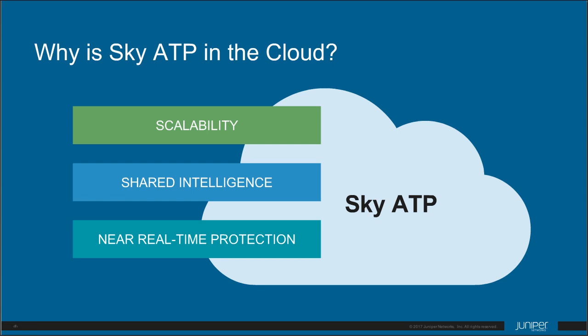What we achieve in that way is near real-time protection. So in a few seconds or minutes, all the customers using SkyTP will be secured against all these threats. And this has been proved to be much more efficient, scalable, and fast than on-premise solutions.